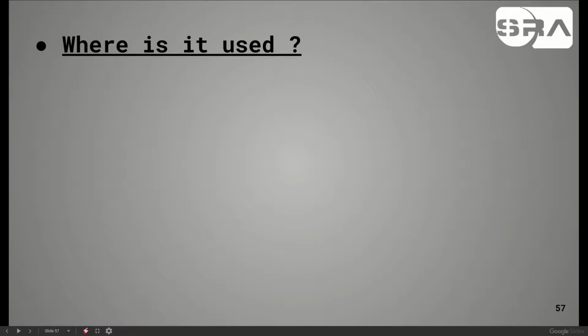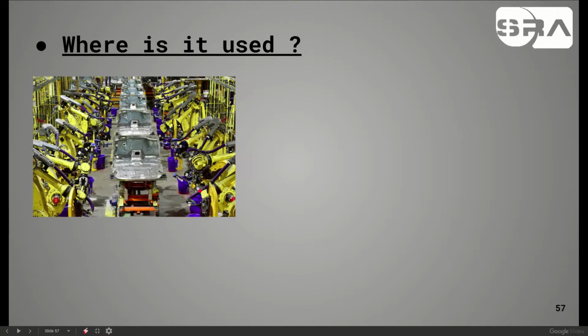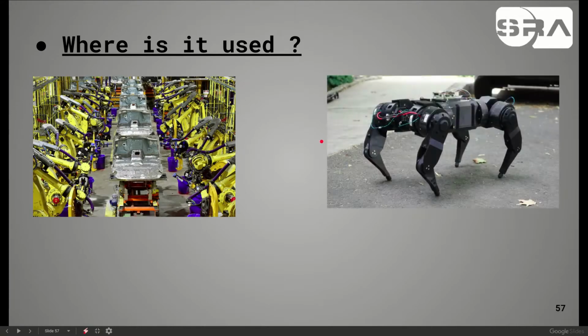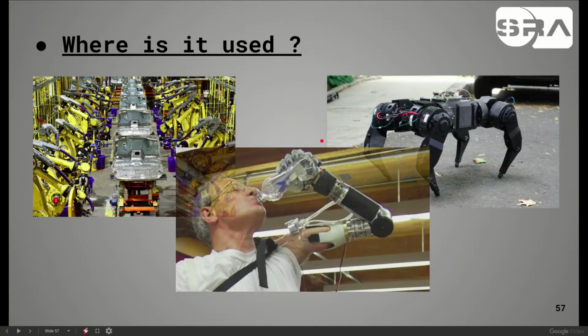It is almost used everywhere. Wherever you hear the term kinematics, it's most probable that it is inverse kinematics that you are going to use. Forward kinematics is quite rare, meaning it is rarely used. From industrial manipulators to quadrupeds, and robotic arms to artificial manipulators, mostly inverse kinematics is used everywhere.